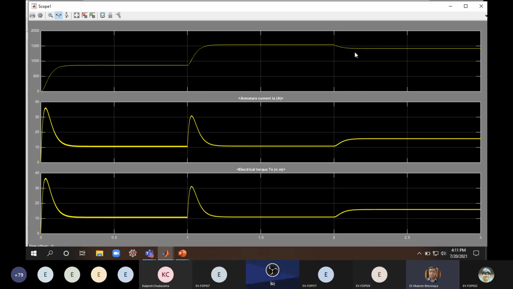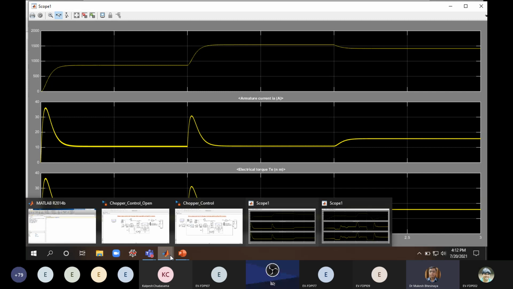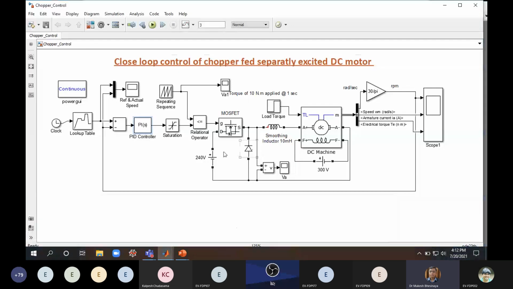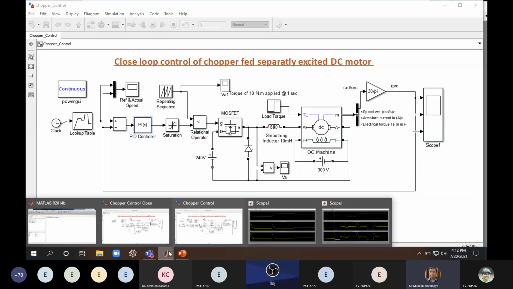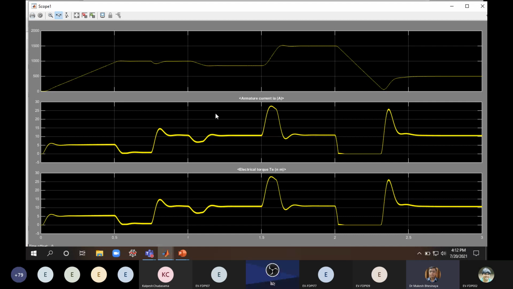During hill climbing, your load is increased, so you need to apply more acceleration to the motor, because there is a change in the load. So when there is a change in the load, obviously the speed will reduce. But in a closed loop control, you can keep your speed constant by having feedback control, and that is being done here.